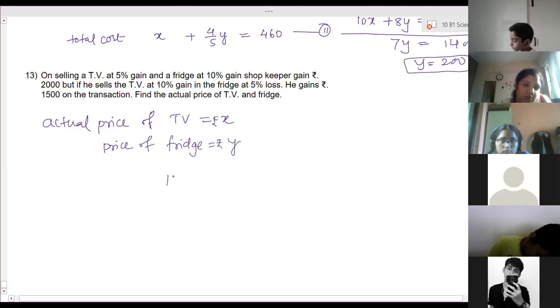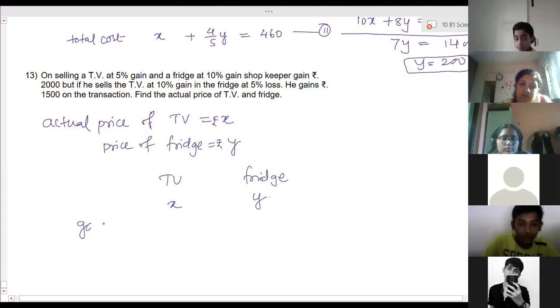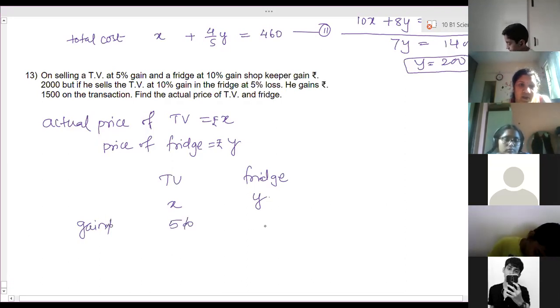Okay, so TV, fridge, X, Y. Now gain percent: 5% on TV and fridge, 10%. So the actual profit then?